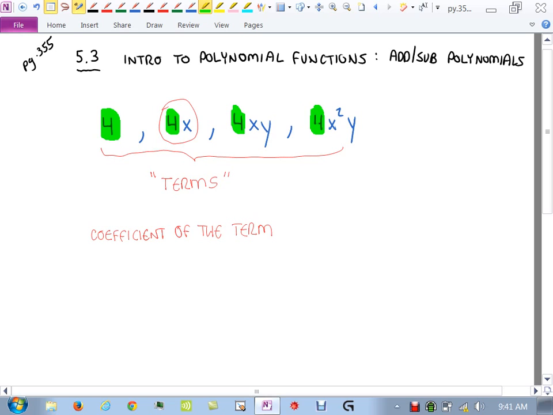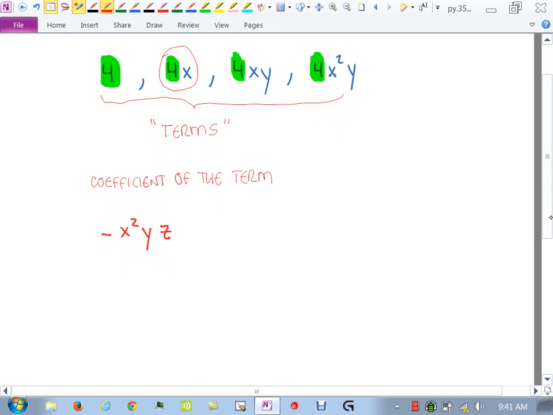The coefficient is 4. Now let me give you another example underneath here. How about this one? Negative x squared y z. First of all, is that a term? Yes, it's a term. We have letters mixed together, but they're multiplying between them. What's the number in front of everything? Negative 1. We have to visualize that negative as being a negative 1. Therefore, the coefficient is negative 1. Okay?